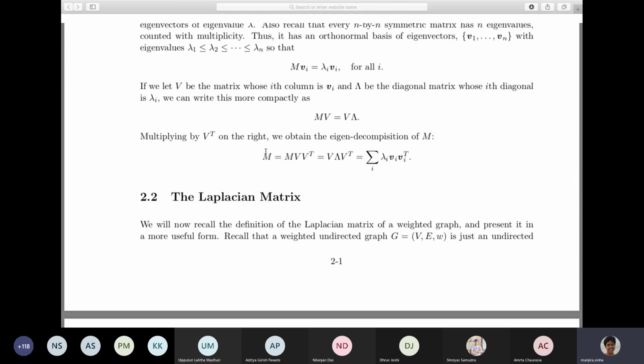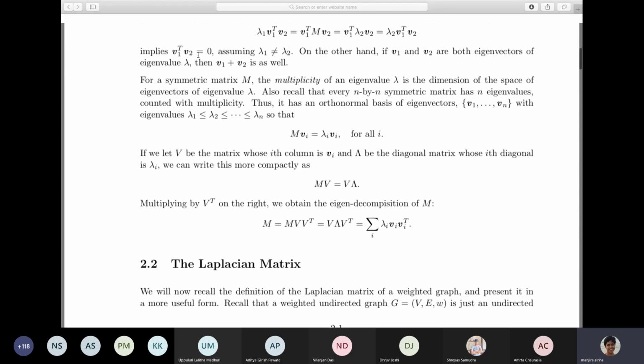So what we are doing is decomposing M into a summation of matrices, right? This is called the eigen decomposition of M. Okay. And why will this only be vi into vi transpose? For the same reason, all the other products will be 0 because of the orthogonality.